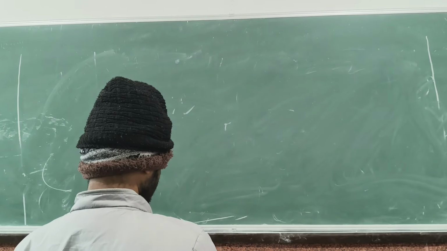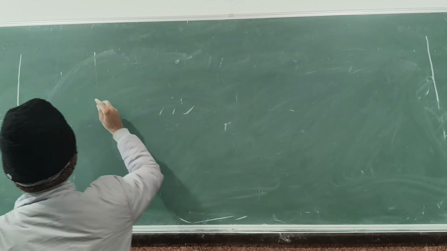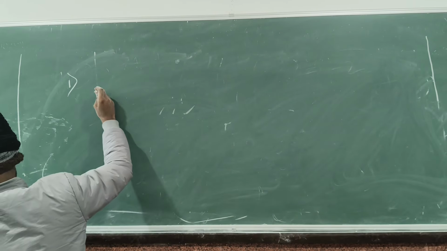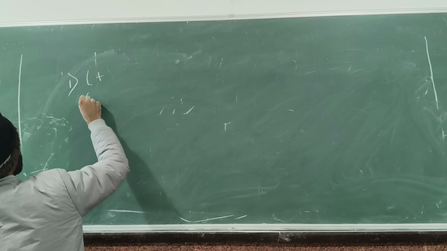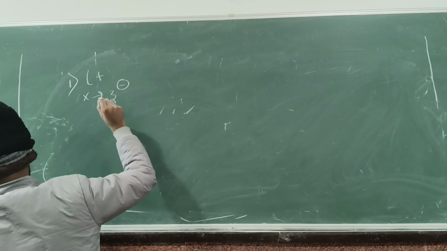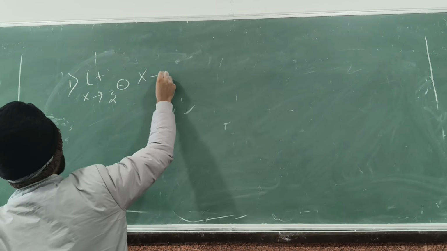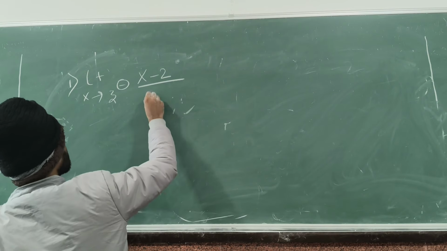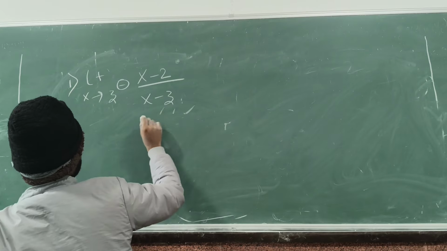Question number 1. Limit x tending to 3 minus of x minus 2 by x minus 3.